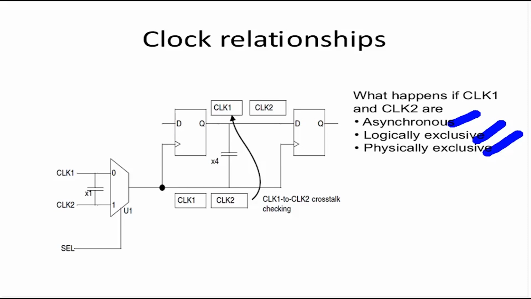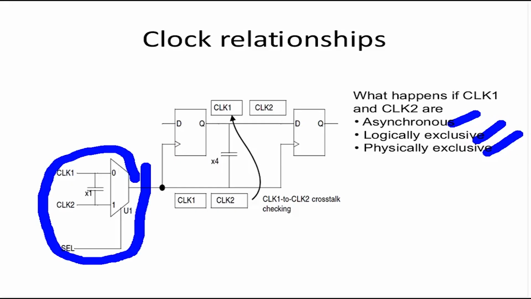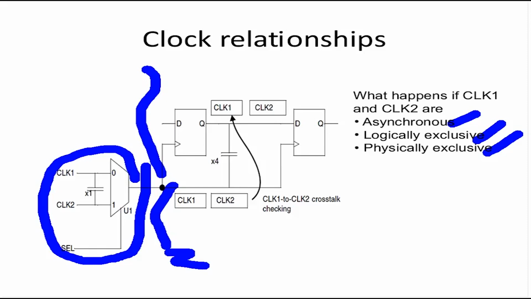Asynchronous means that both the clocks are asynchronous to each other, but they both exist on the chip. Assume there is no mux here, forget about this structure, and assume there are two clocks coming from separate sources, clock 1 and clock 2.